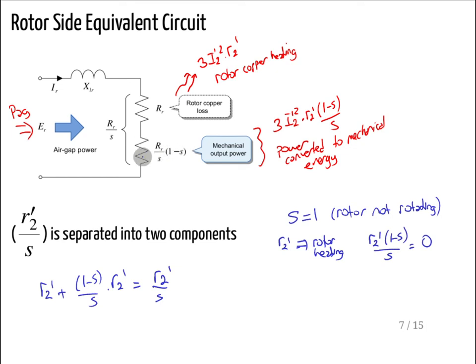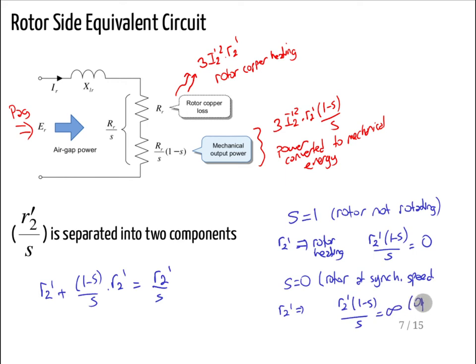And we did it last week for S equal to 0, the rotor at synchronous speed: then R2 prime is there, but R2 prime (1 minus S) over S, when you put slip equal to 0, is infinite.